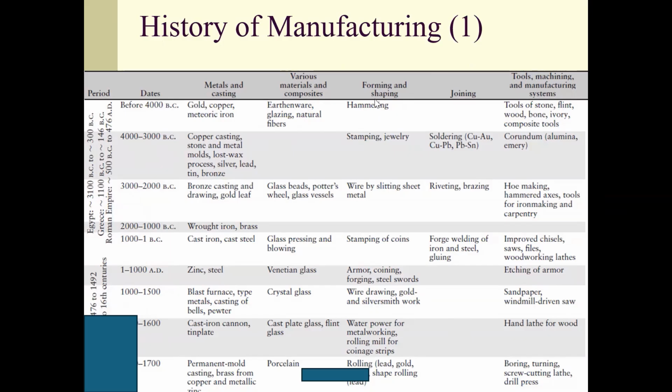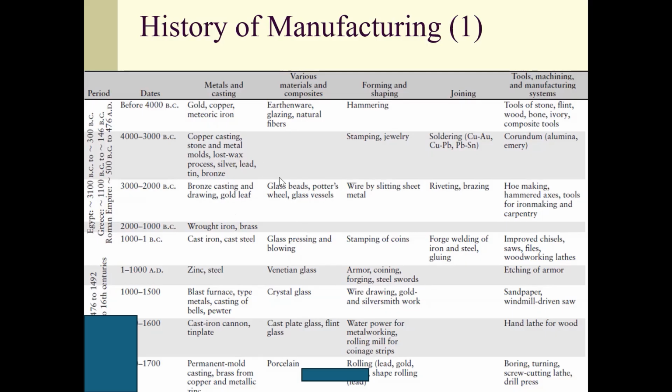These are manufacturing methods. So you can see at different ages, people use different materials, and you need to have different manufacturing processes and methods, right? So this is understandable.